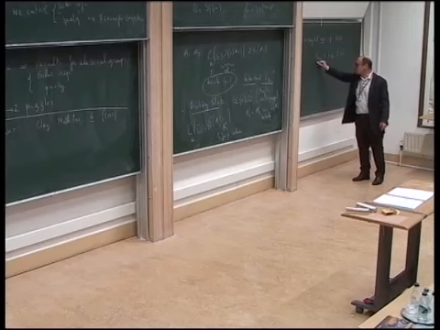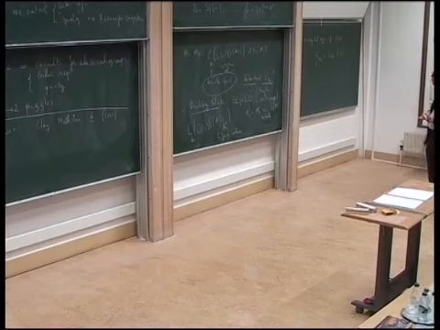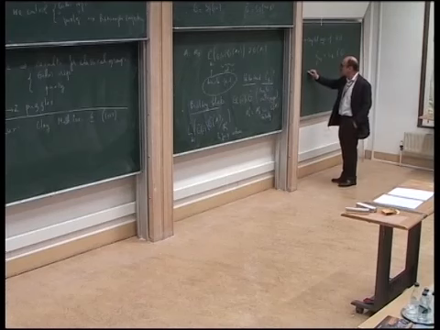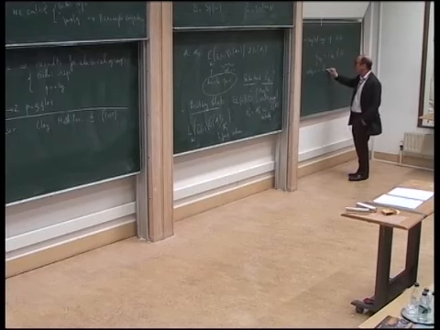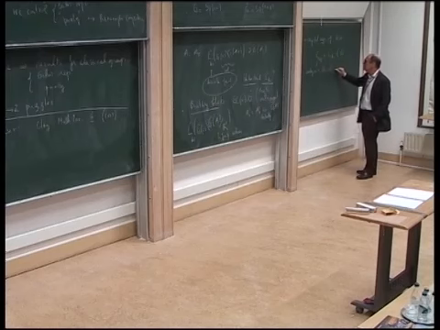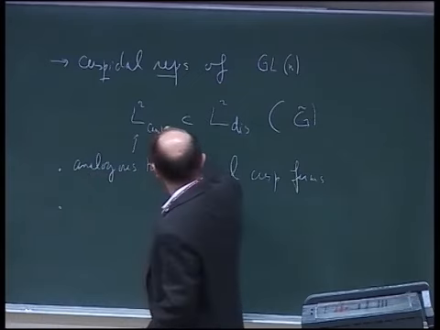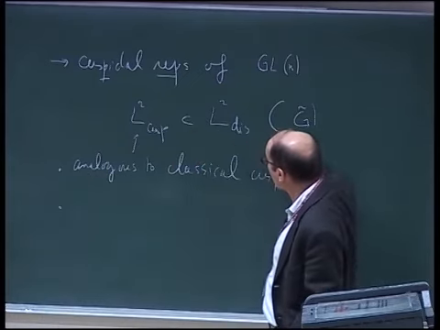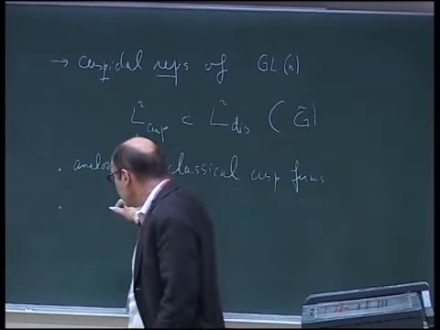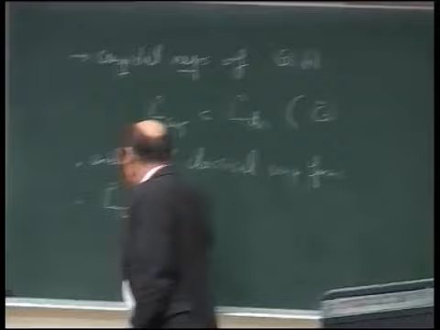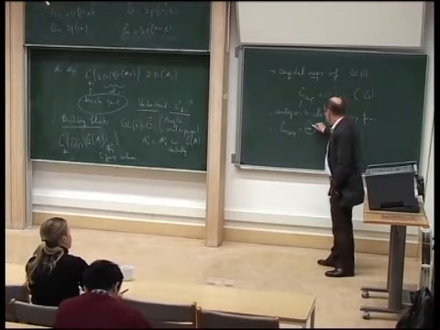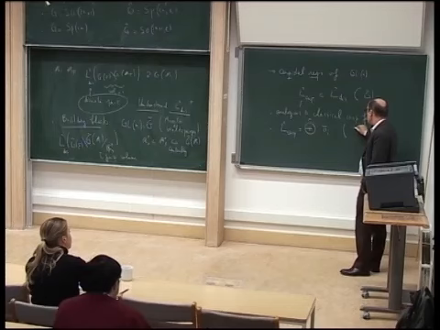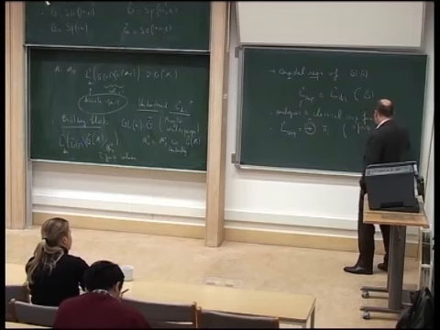I'm not going to write the formula, but this is a space analogous to the classical cusp forms for GL2. Part of the result is that it's contained in this, it decomposes discretely. So this is an infinite but discrete sum.